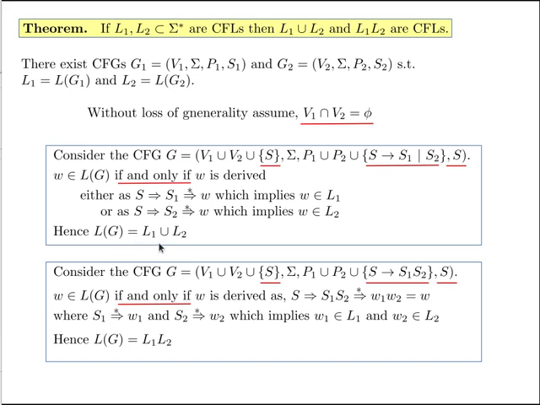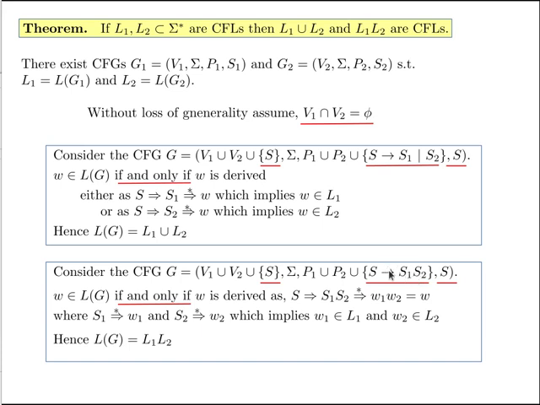Similarly, for concatenation, again we take the variables of both grammars. We take a new start symbol. We take all the productions from G1 and G2, and we have this new start symbol. And again we just introduce one more production. So this is just one production.